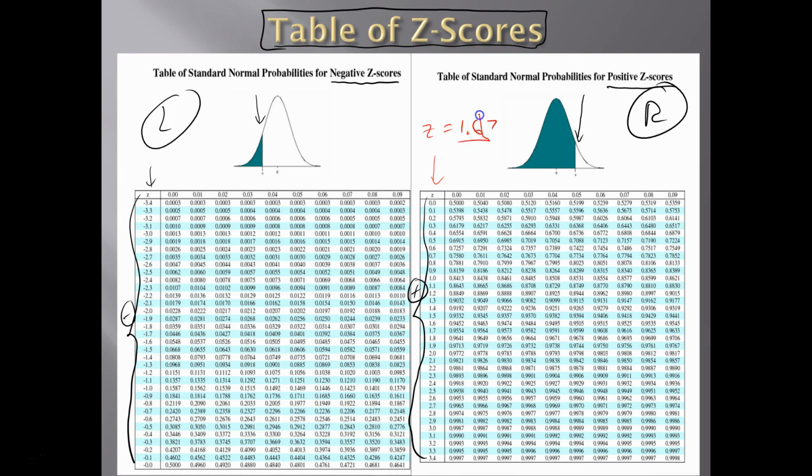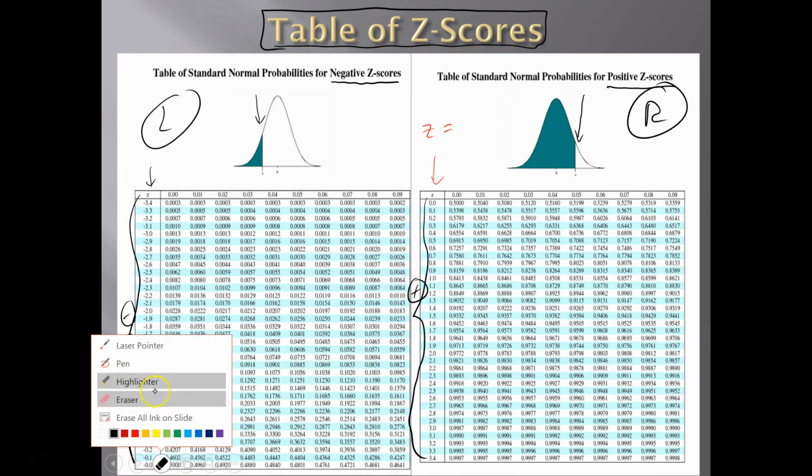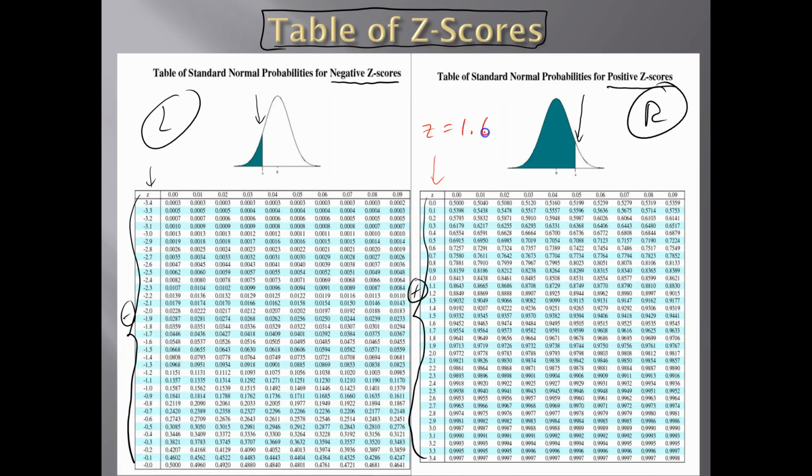So my z-score is 1.67. Okay? So this part right here comes from there, 1.6. So I've got to find it. So 1.6 is right there. I just circled it. There's 1.6. Well, now I need the 7 that comes after the 1.6.